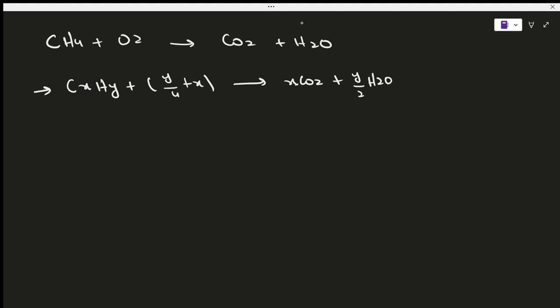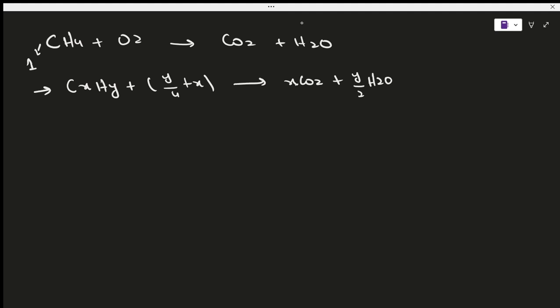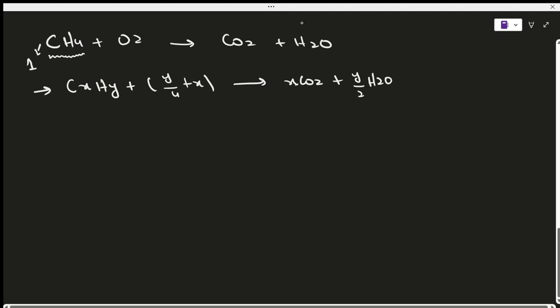Let's say we have how many carbons? You can see that we only have one carbon here. What we have to do is make both sides equal. For this particular alkane molecule, we're going to compare this with the carbon dioxide. Here the value of carbon is 1, so we can say the value of x is equal to 1.